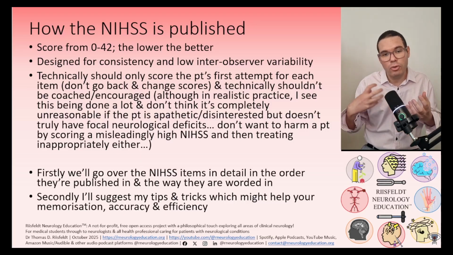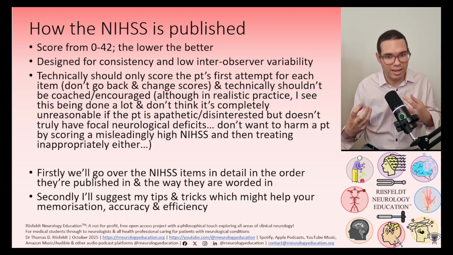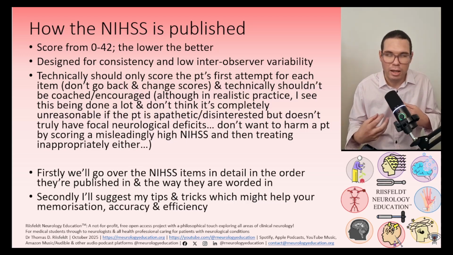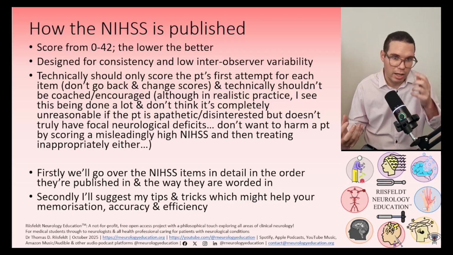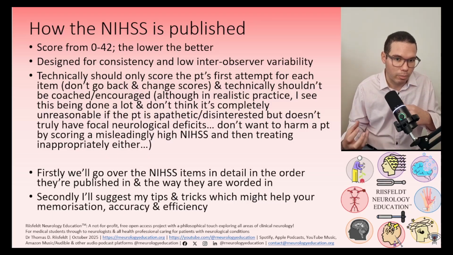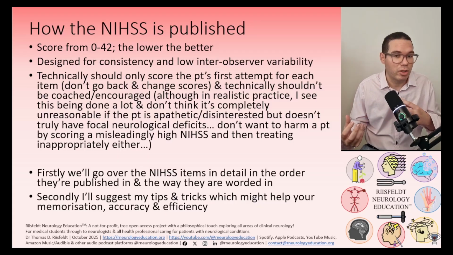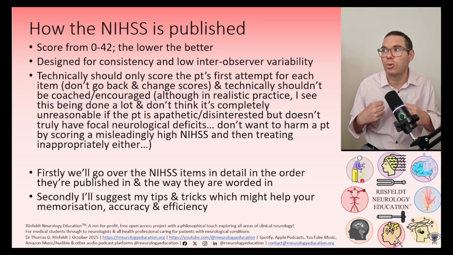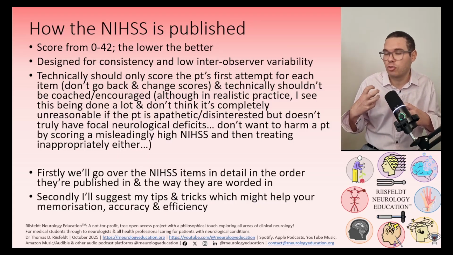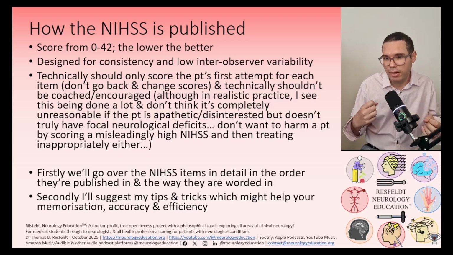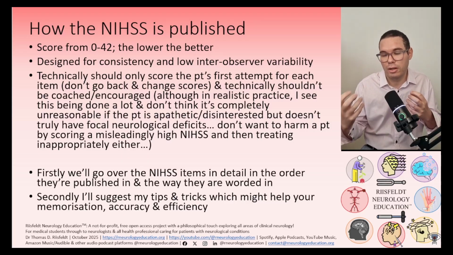But importantly, it's also been designed for consistency and for low inter-observer variability. That's obviously important in clinical trials, but it is also really important in clinical practice because often there's going to be multiple people involved in a stroke call, and you're comparing or making treatment decisions based on evidence from clinical trials.